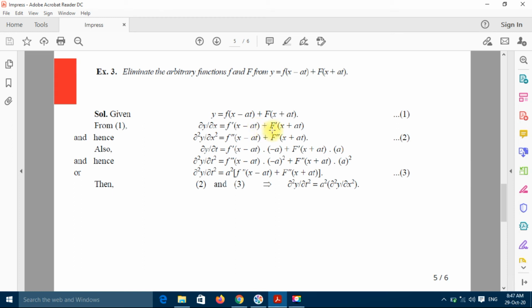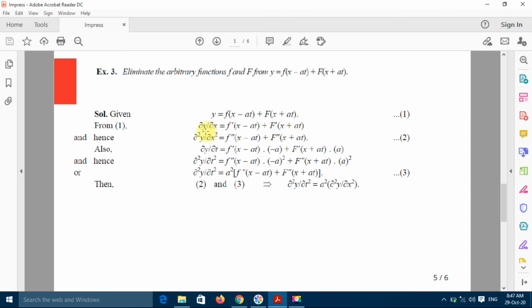Now F(x + at). Differentiating F(x + at) with respect to x, this becomes F'(x + at), and the partial derivative of x + at is again 1, because the partial derivative of x with respect to x is 1 and the partial derivative of at with respect to x is 0.